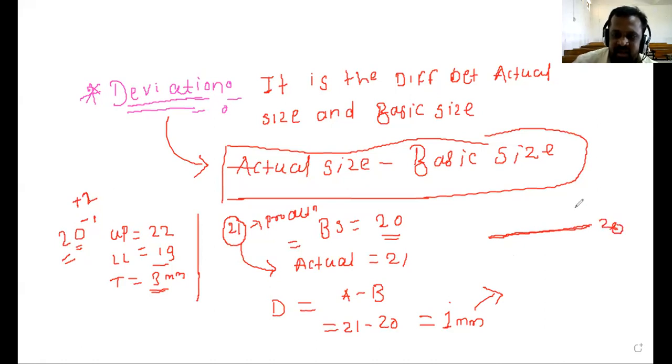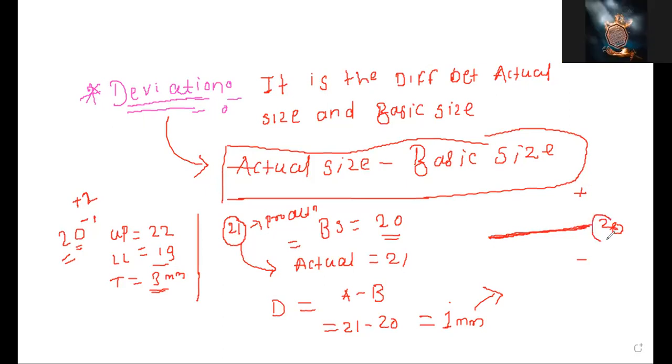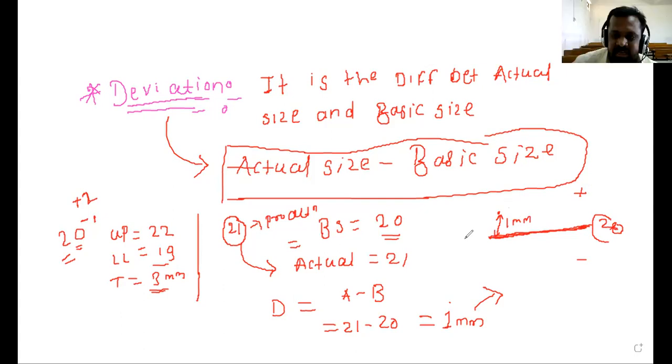The upper side will be plus. How much did I need exactly? 20. But the size we got is 21, so it lies here. So how many mm has it varied? 1 mm deviation. It is called simply the deviation. So understood? Yes, sir.